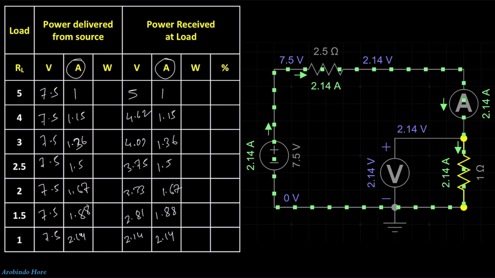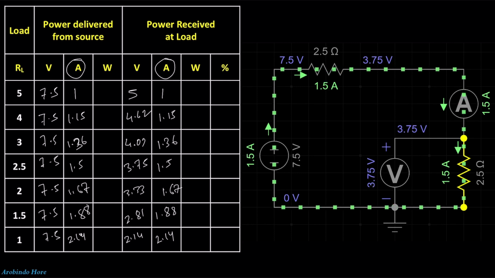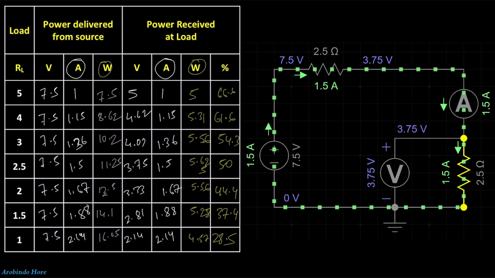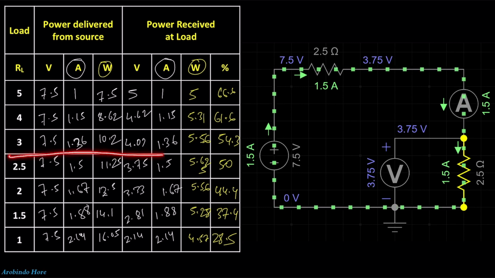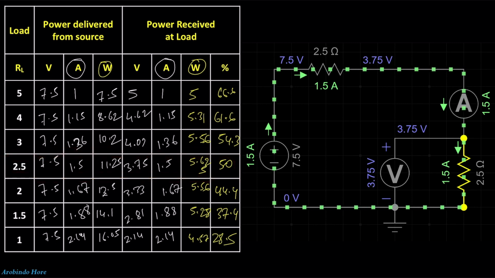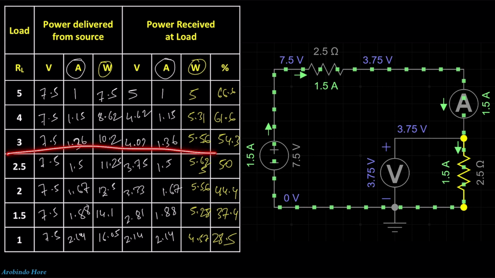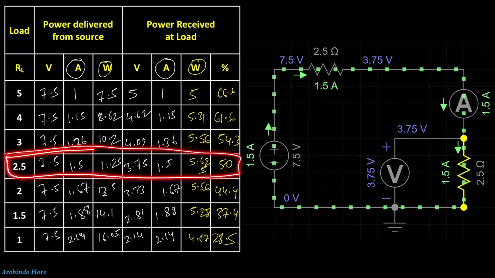Now we already got the values of load voltage and load current with respect to the load resistance. If we just multiply this voltage and current, then we will get the power. So let's do that. From here you can see that when the load resistance is the same as the source resistance, 2.5 ohm, at that time the maximum power is delivered to the load, right?